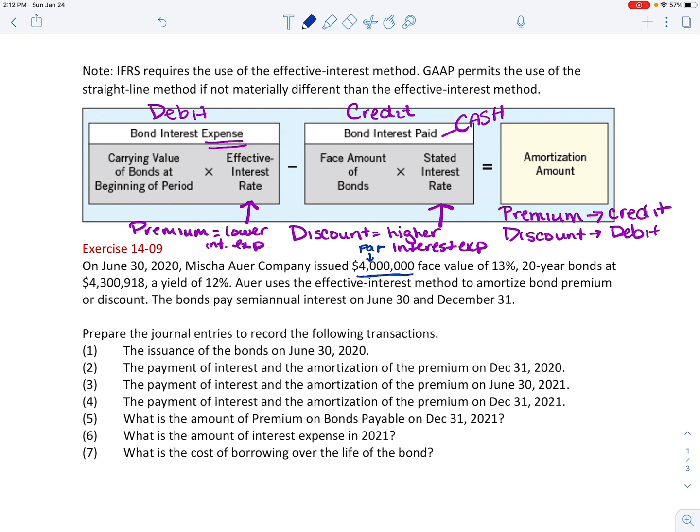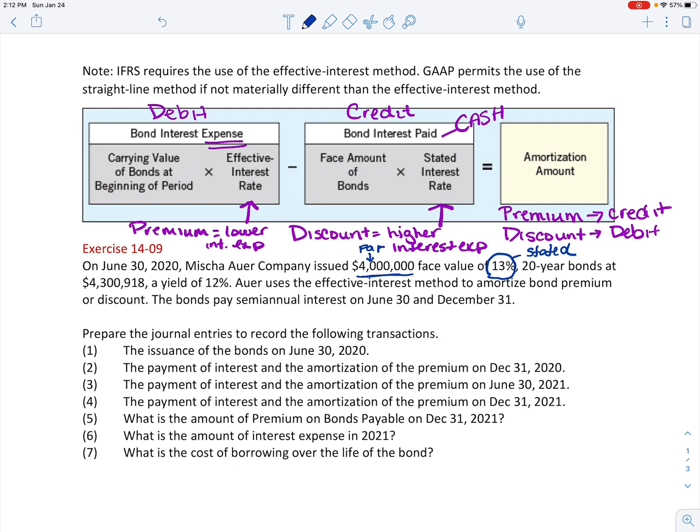That 13% that's showing up afterwards, that's the stated interest rate. That's the amount that was recorded saying that this bond will pay 13%. That's your stated interest rate used to figure out that cash portion of the bond.